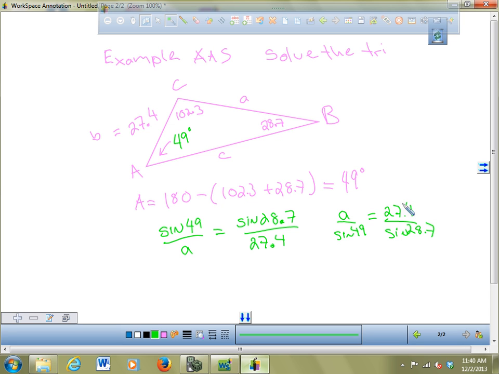And then to solve that, I just need to multiply. What I would do is get A by itself. Don't go through and multiply by this, and then multiply by it. I would do it all in one chunk.